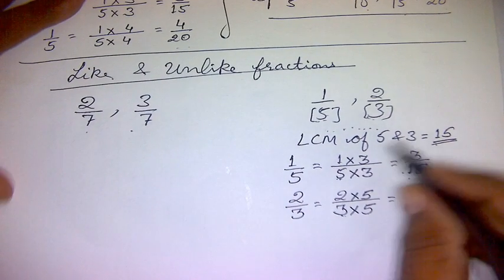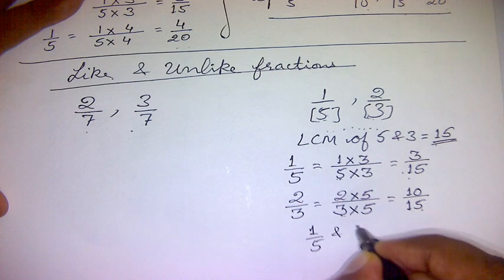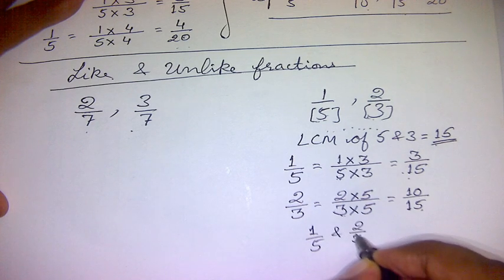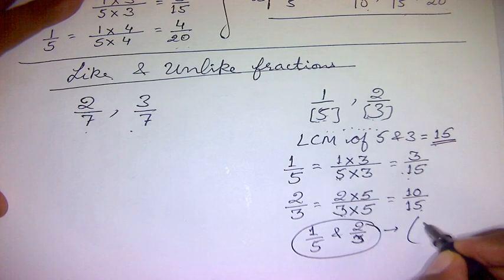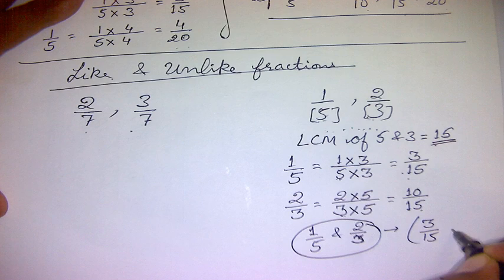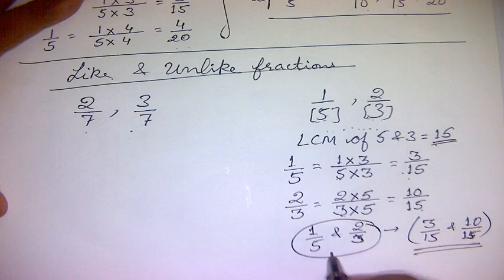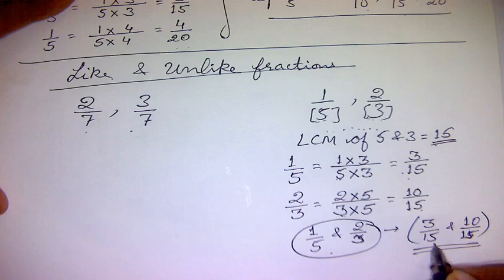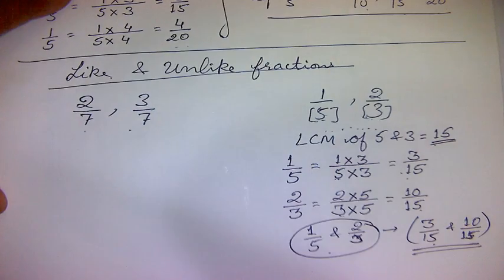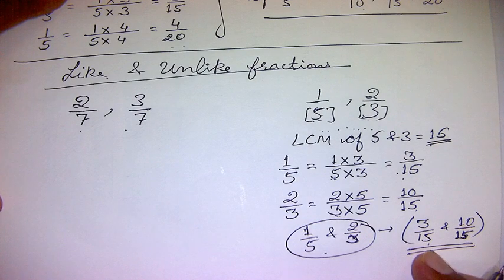So the two fractions 1 upon 5 and 2 upon 3 are now converted into 3 upon 15 and 10 upon 15. You can see that the unlike fractions are converted into like fractions, and you can easily understand how it is done.